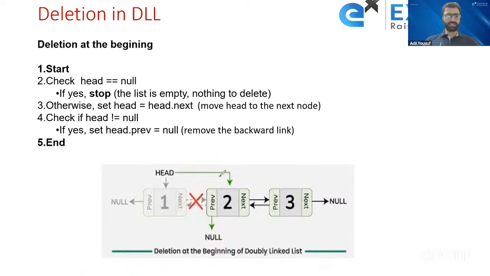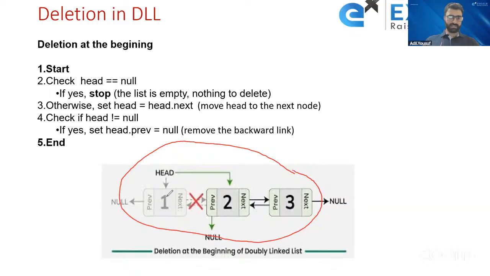See, we have got this linked list. Let me set the settings on screen, then it becomes easy. This is the first node, second node, and third node. I just want to remove the node at the beginning, at the start. So this I call the first node.